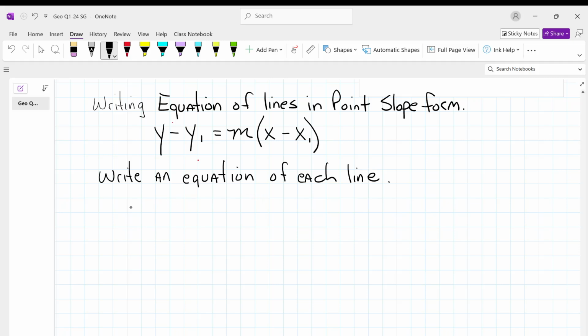So let's say that the slope, or the m, is equal to 3/5. And the point that the line goes through is -5, 2.